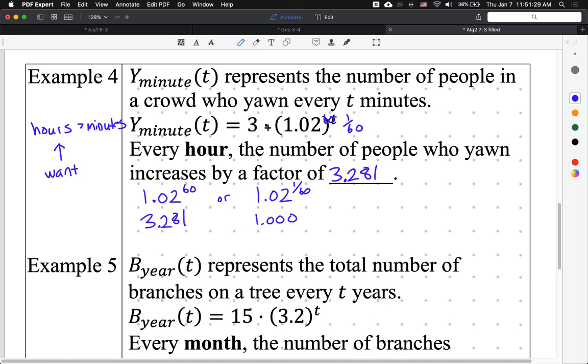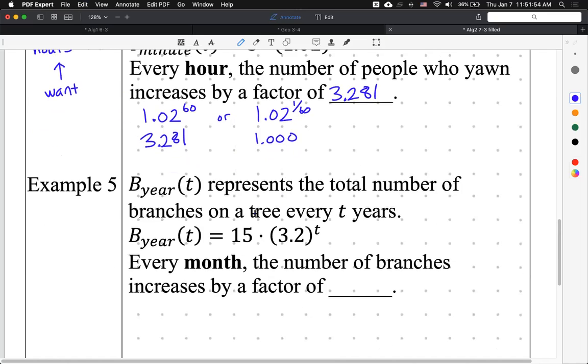If I absorb this 60 into the 1.02, now this is basically saying every 60 minutes, because 60 is now in the denominator of the fraction, which is how I introduced this all the way back in 7-1. So, simplifying as much as possible: take your scale factor, and it's going to be either to the power of that ratio or 1 over that, depending on if you want to get bigger or smaller.